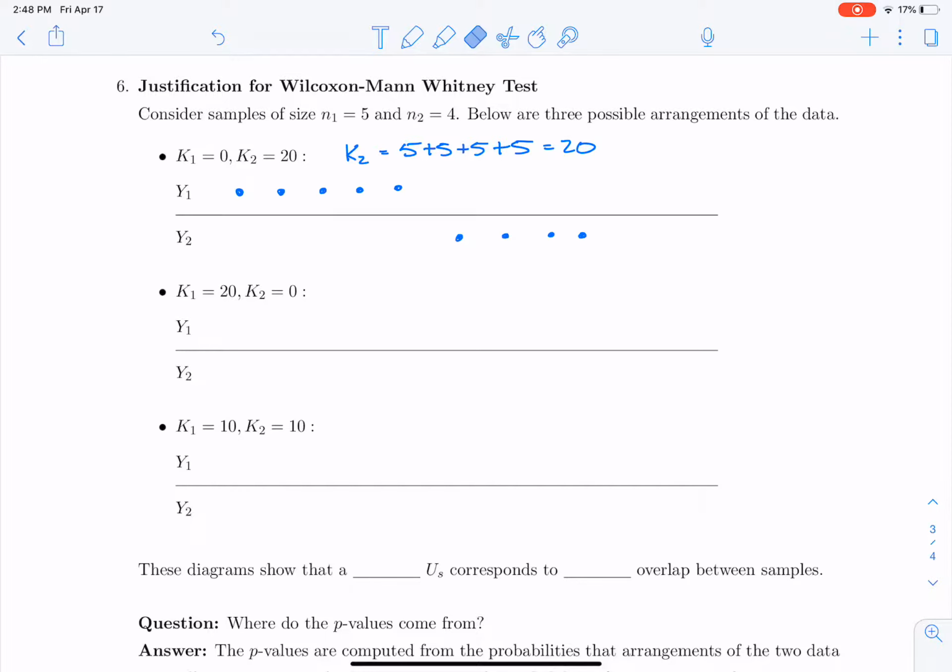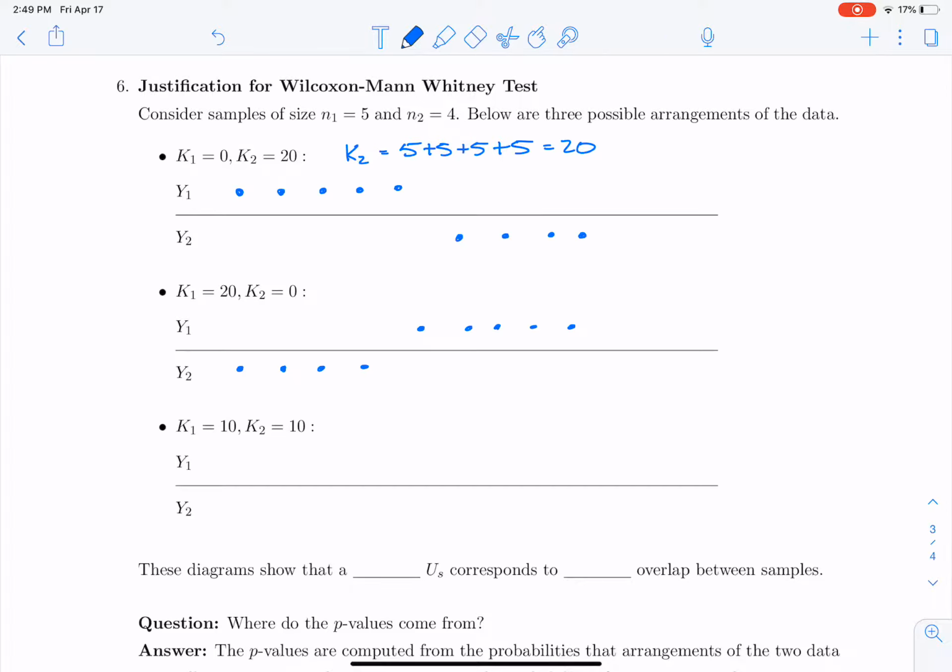I don't have to have the specific values of the data, but I do understand how they're arranged. Now, if we had the opposite case, if K1 was 20, then that would mean that all 4 samples in the second group would have to be smaller than all 5 samples in the first group. That's how you would get K2 to be 0, because none of the samples in the first group are smaller than the ones in the second group.